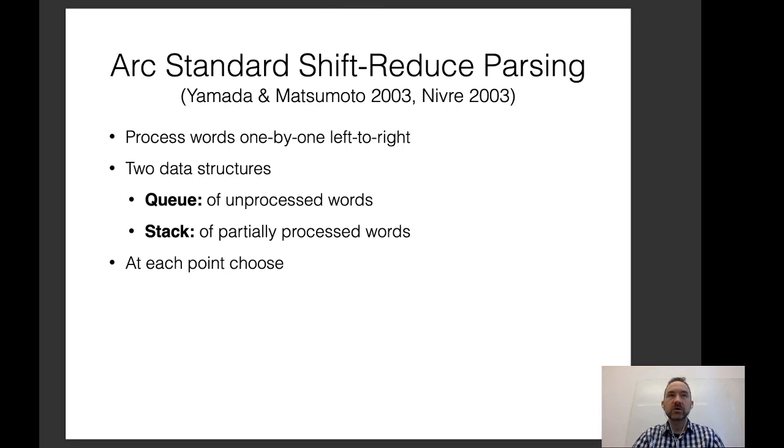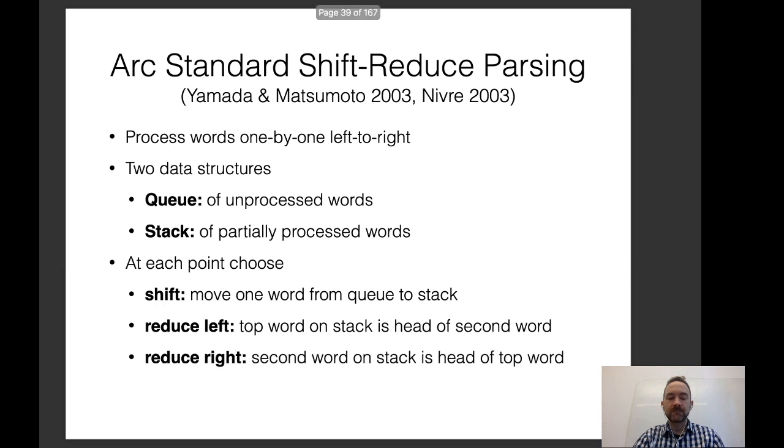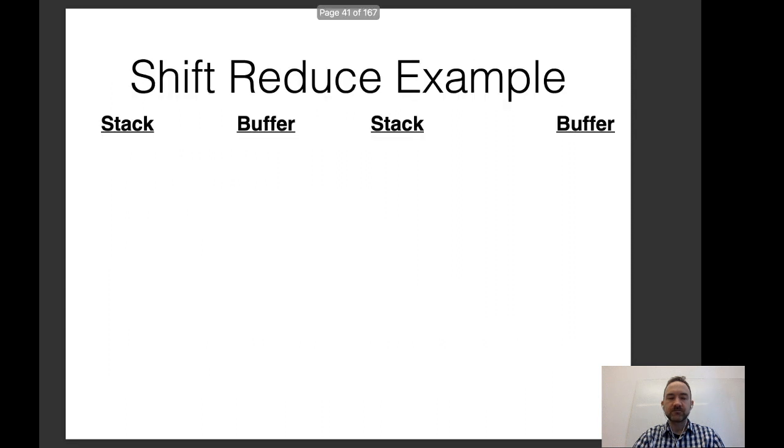At each point in the decoding process, we choose one of several actions. The first action is shift, which moves one word from the queue to the stack. The second is reduce left, where the top word on the stack is designated as the head of the second word. And reduce right, where the second word on the stack is designated as the head of the top word. We learn how to choose each action with a classifier.